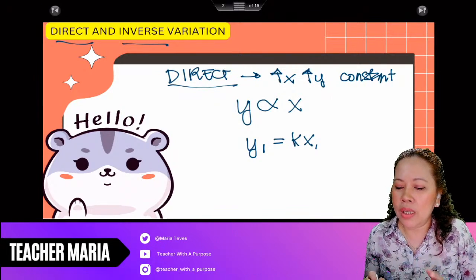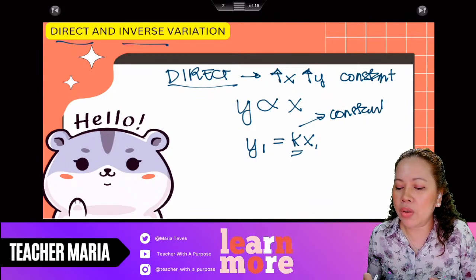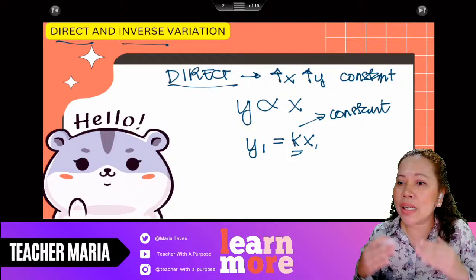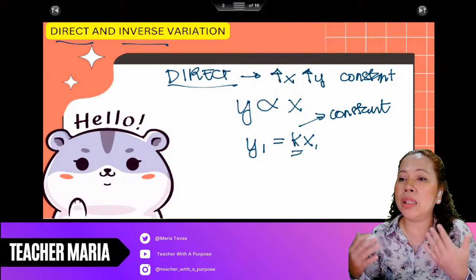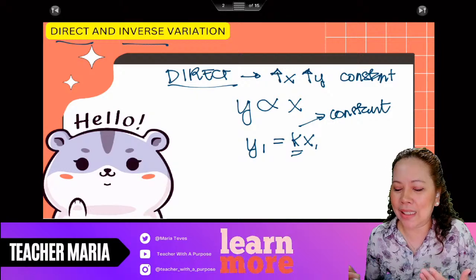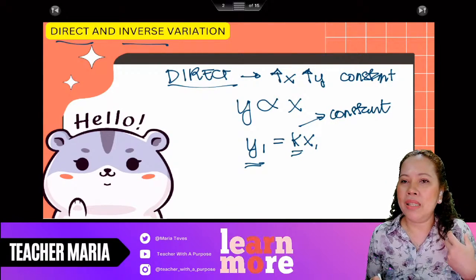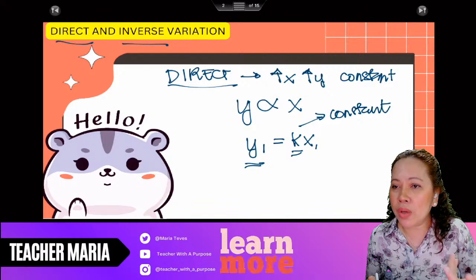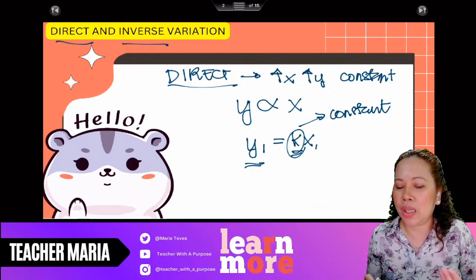This k here is your constant, by the way. So there is a constant increase. We multiply the constant by our x. For example, if your y is increasing by 2, that means that you will multiply x by 2 as well so that it will increase. So that's the purpose of your k there.